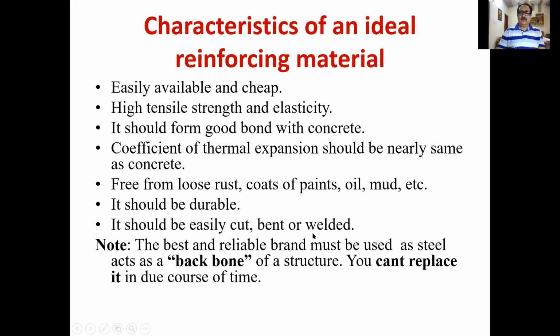It should be free from loose rust, coats of paint, oil, mud, etc., so that there is no hampering of the bonding process. It should be durable, with a long lifespan. It should be easily cut, bent, or welded. Depending upon the situation, we should be able to cut it, bend it, or weld it, depending upon the length required.